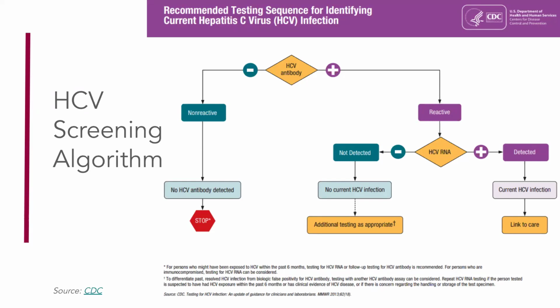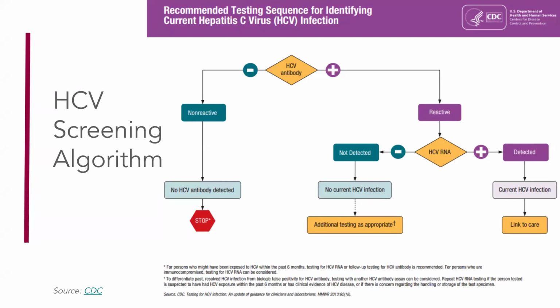The screening test that's currently available is the Hep C antibody test. So that means that that individual, if the antibody test is positive, has been infected somewhere between at least a month or more, but potentially as long as 6 months.